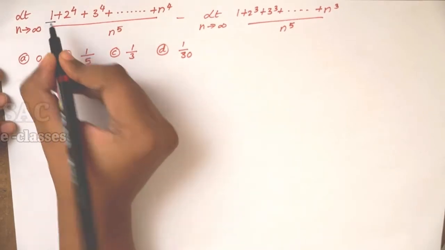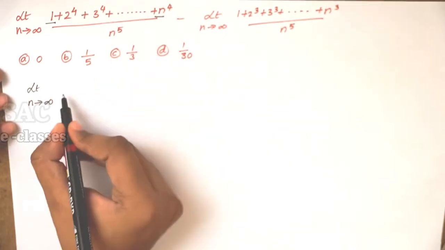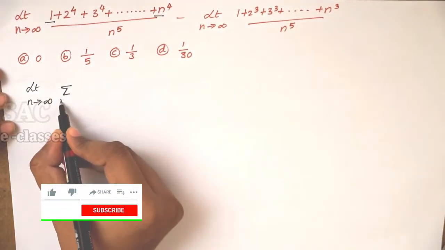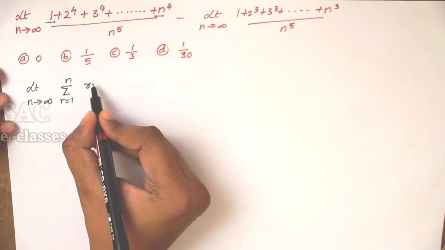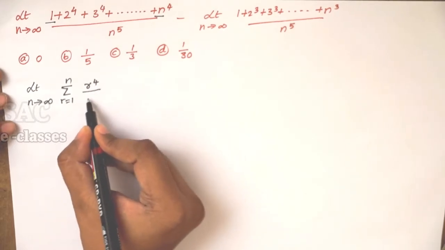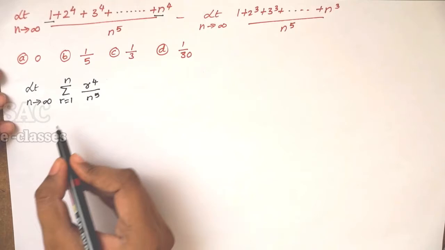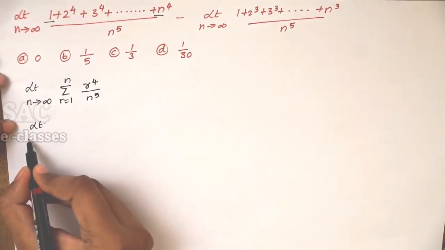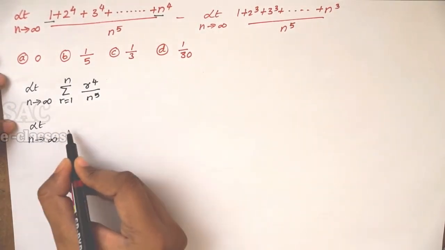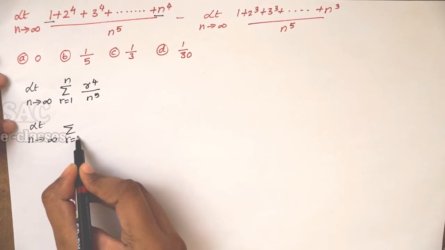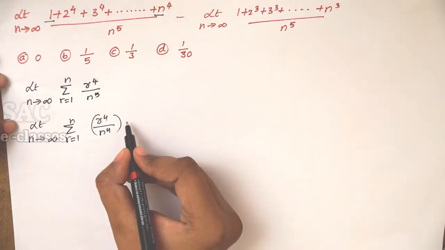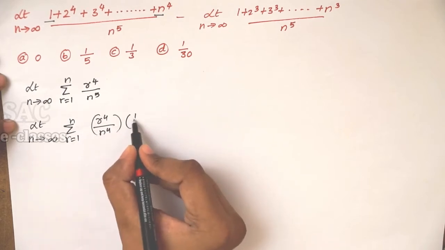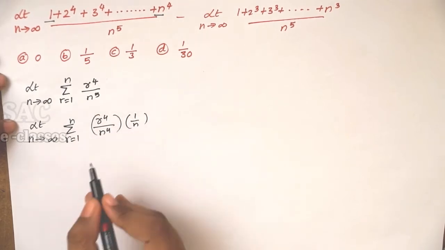Clearly it varies from 1 to n, so sigma is r equal to 1 to n. Clearly it is in the form of r power 4 by n power 5. So what we can do here, limit n tends to infinity, sigma r equal to 1 to n, r power 4 by n power 4 into 1 by n, as we know that it is n power 5.